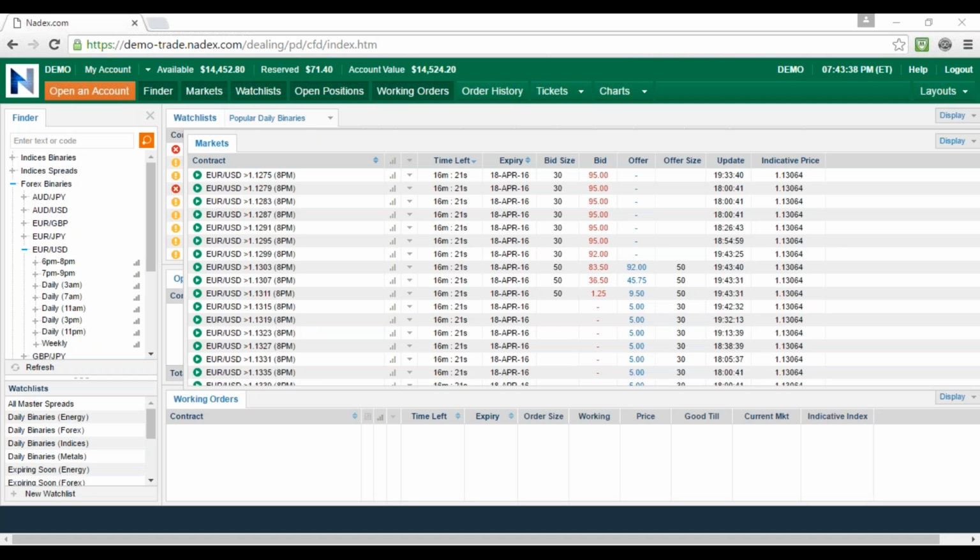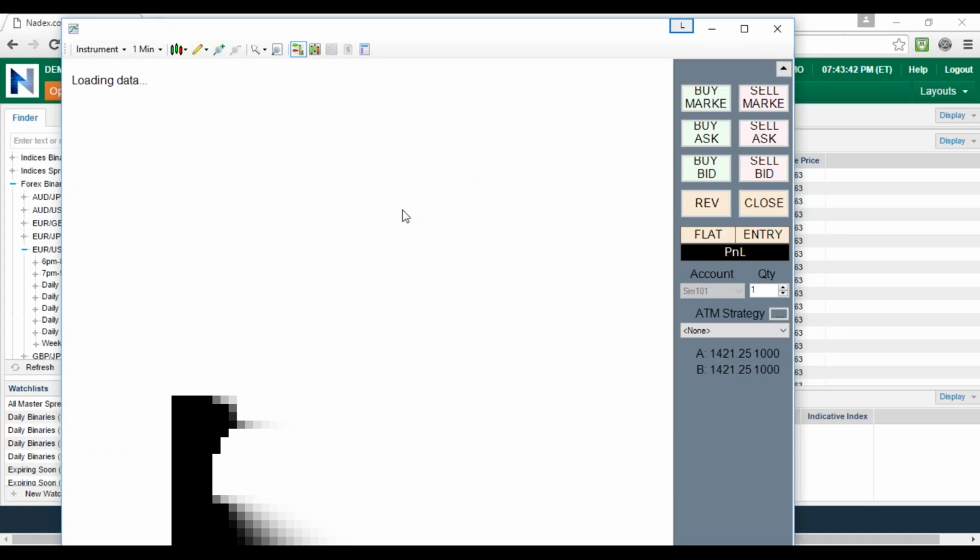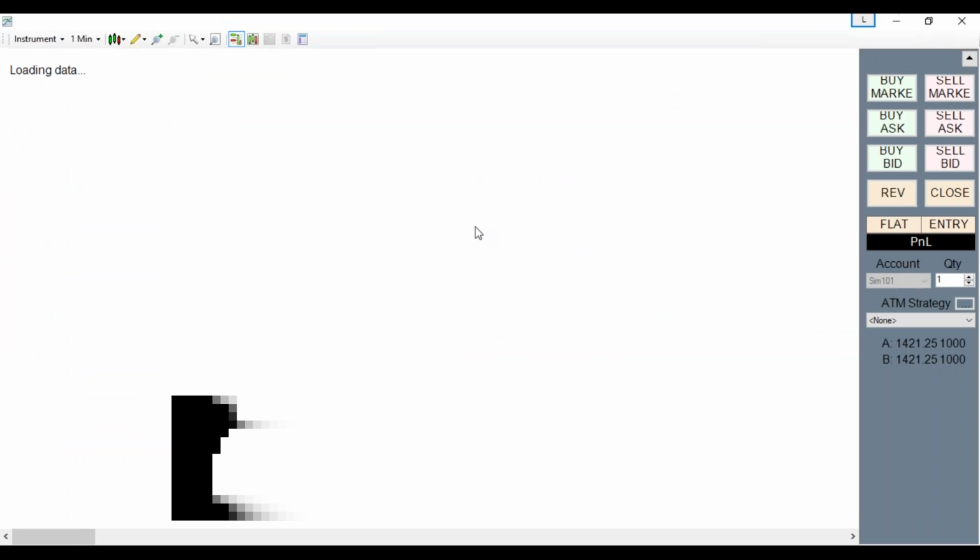I want to show you why you really need to pay attention to spreads and really need to take a look at them. So let me get a chart open, and I'm going to show you several things here to kind of piece all this together, and then we're going to wrap up. I just really want to have tonight just kind of open your eyes to the world of spreads.